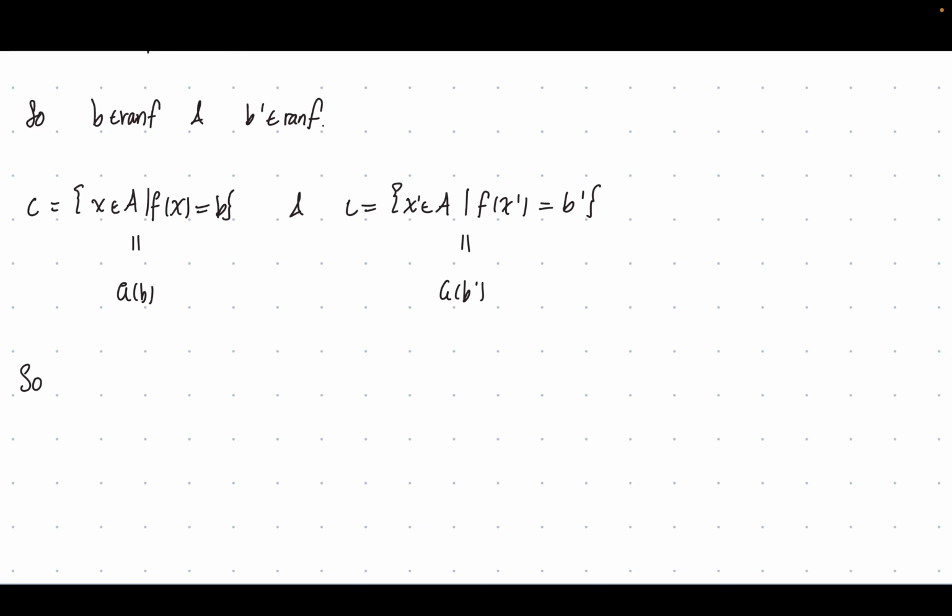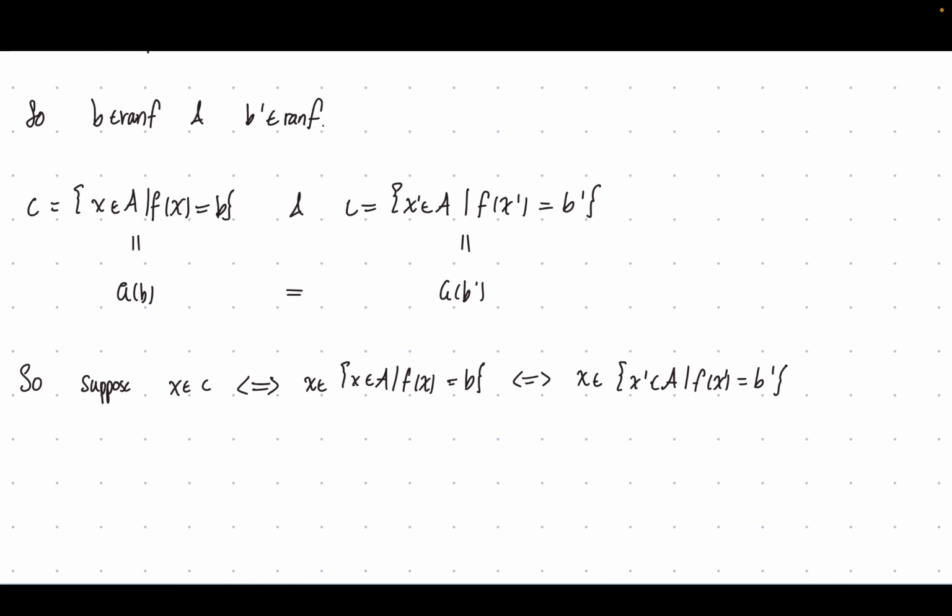So suppose x is in c, which is equivalent to saying that x is in the set of x in A such that f of x is equal to b, which is itself equivalent to saying that x is in the set of x prime in A such that f of x prime is equal to b prime, right?